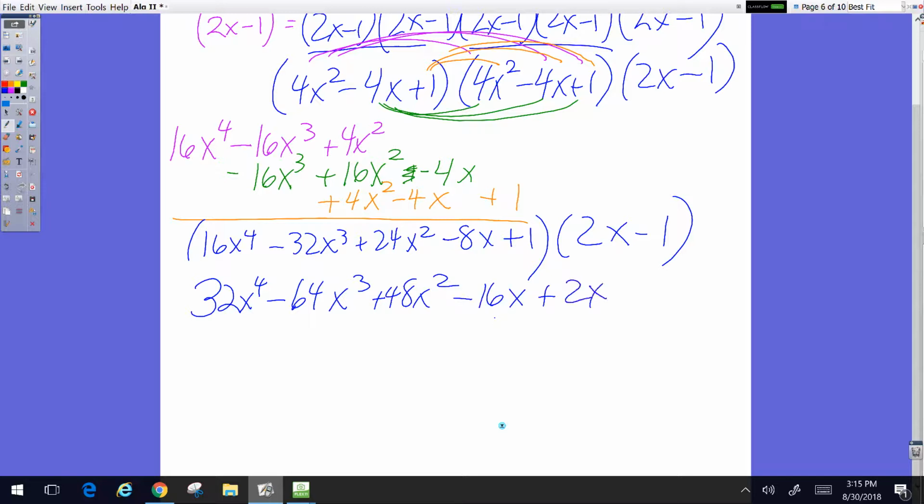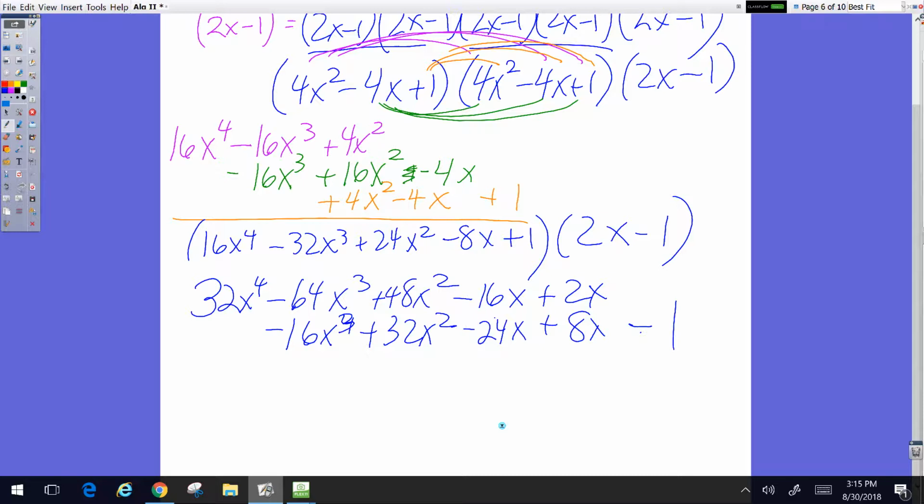Then I have to distribute the negative 1 all the way through, minus 16x to the 4th plus 32x cubed, minus 24x squared, and then plus 8x, and then I'm almost done.